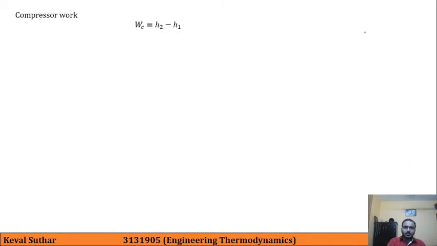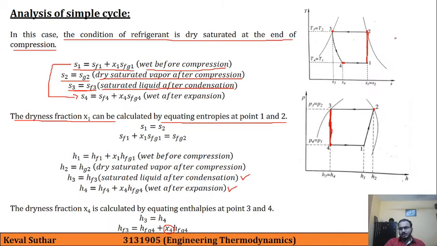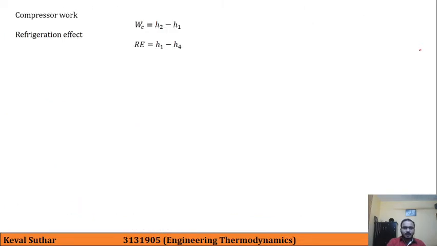Now the compressor work is given by H2 minus H1. This will be WC equals H2 minus H1. And the refrigeration effect will be H1 minus H4.